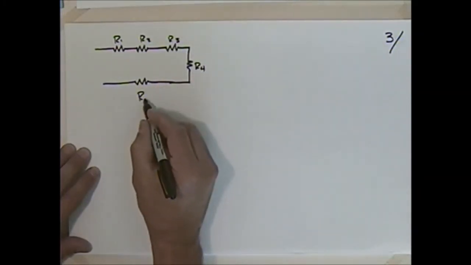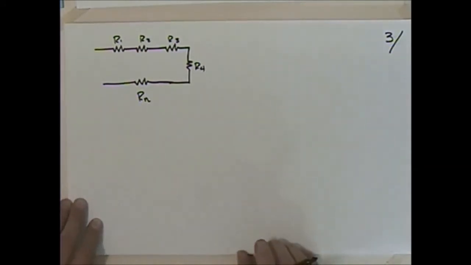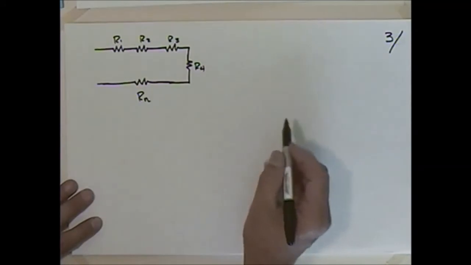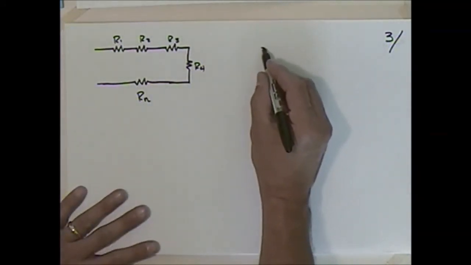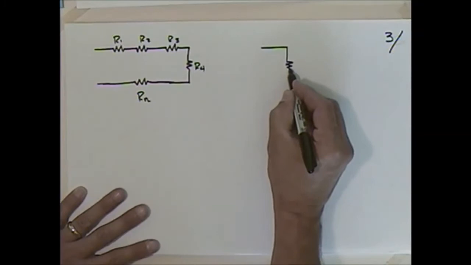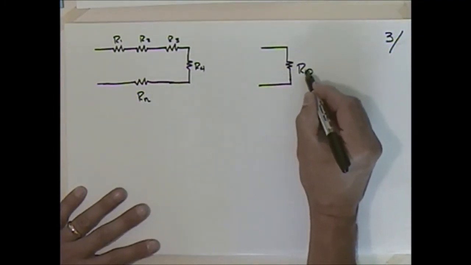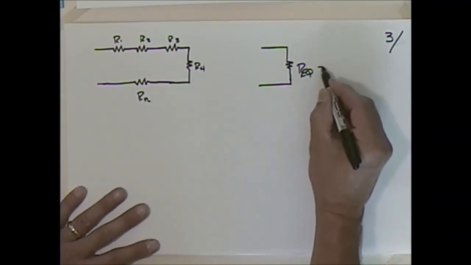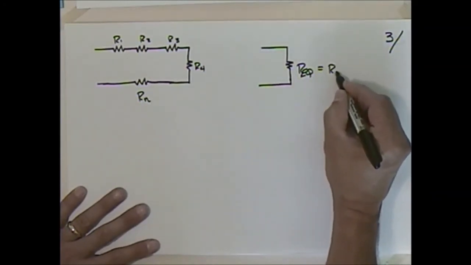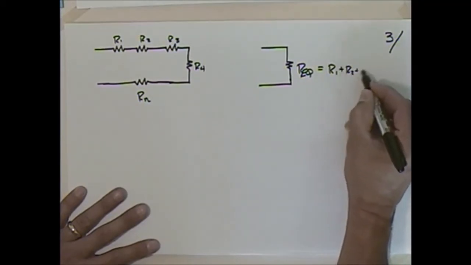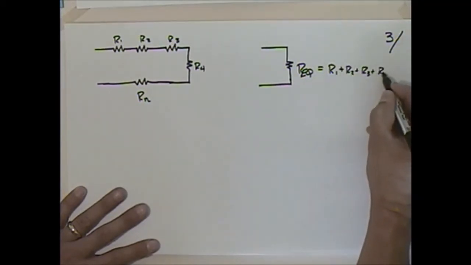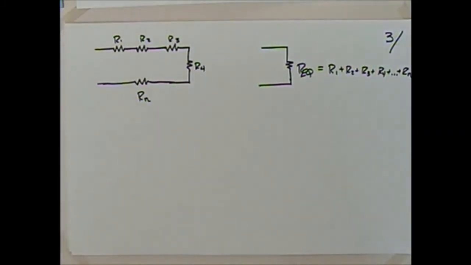Maybe I'll be real mathy and say Rn. One thing a person might wonder is, could we convert this to one single resistor? The answer is absolutely. We could say that this equivalent resistor is going to be equal to simply the sum of R1 plus R2 plus R3 plus R4 plus Rn. So we would sum up those resistors like that.